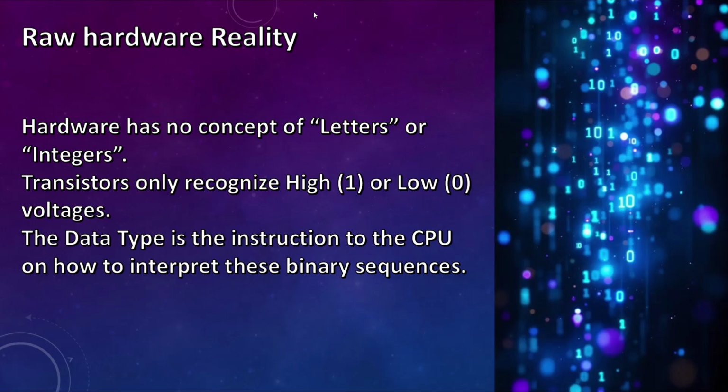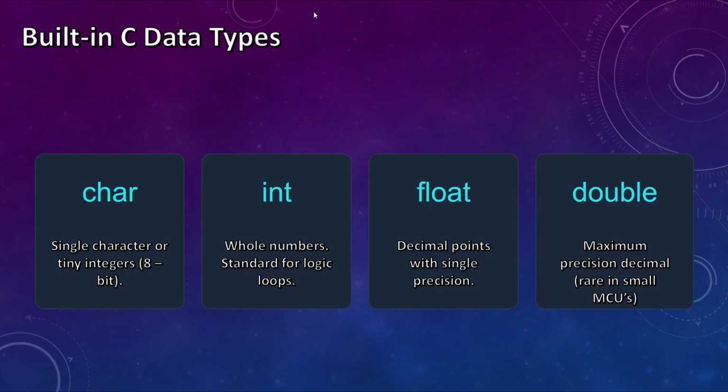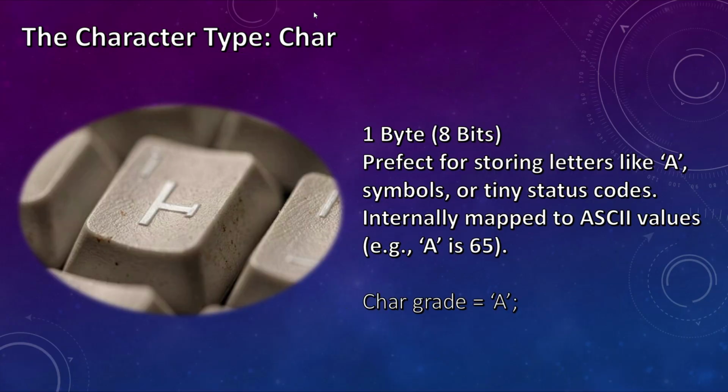C provides several built-in data types. The four most commonly used ones are char, int, float, and double. Each one is designed for a specific purpose. Let's understand them one by one. So let's start with char. The word char stands for character.